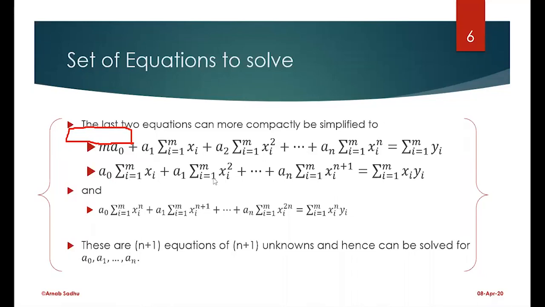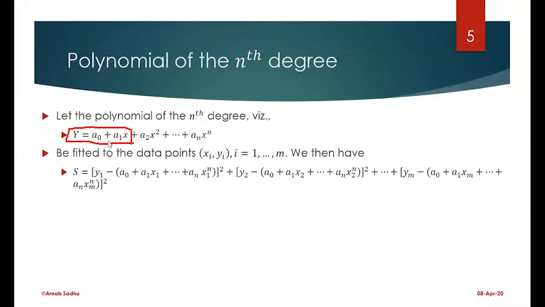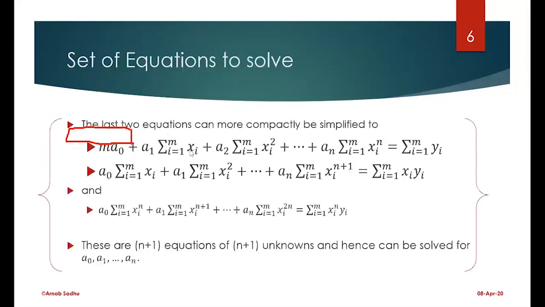So in this way everything changes. And on the right hand side, earlier it was xi yi, now also xi yi will be there. So there is no change on the right hand side, only the change is on the left hand side where we have to extend beyond a1, because in the earlier case we had only two terms a0 and a1x. Here we have up to n, so it will be changed to a to the power n. Obviously the power of x will also be changed to n in the first equation, n plus 1 in the second equation.